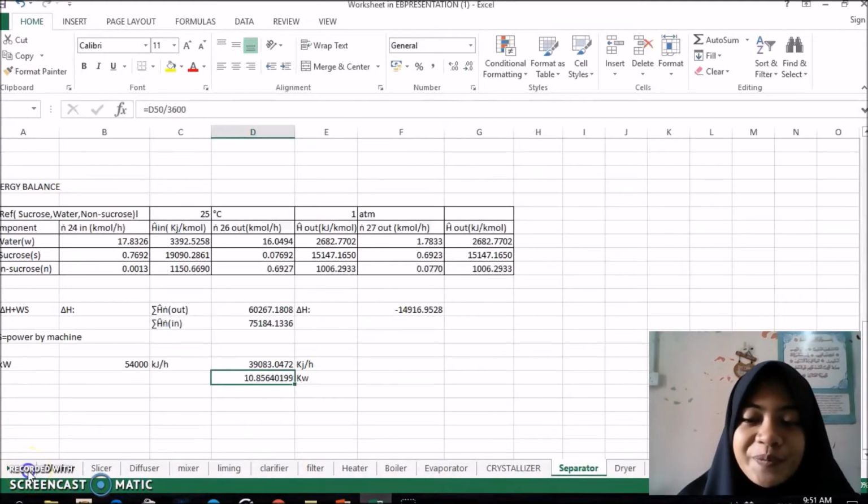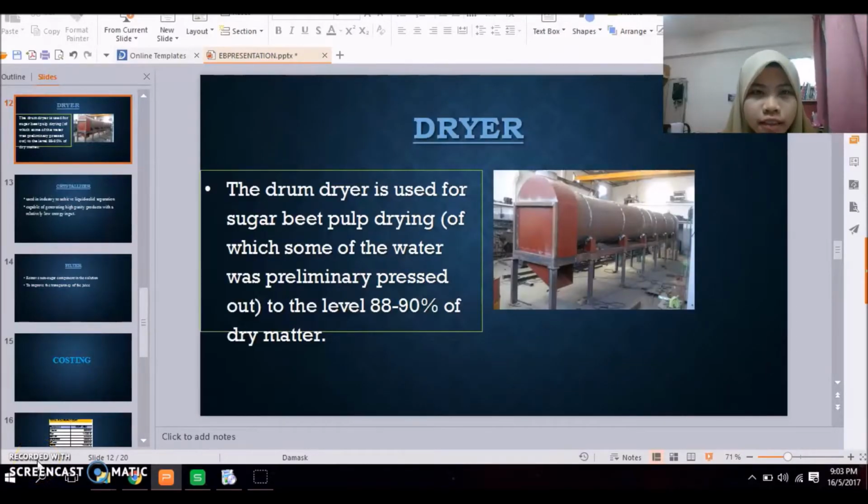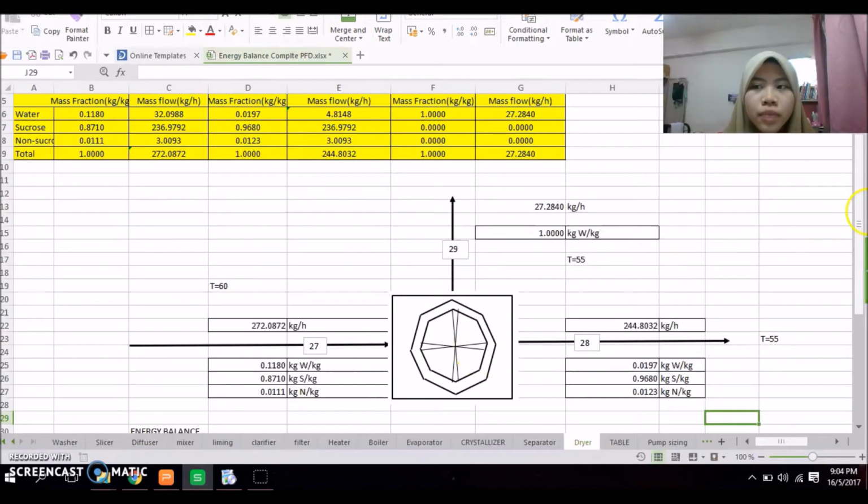Okay, for the dryer, the drum dryer is used for sugar beet pulp drying, of which some of the water was preliminarily pressed out to the level of 88 to 90% dry matter. So this is our material balance.